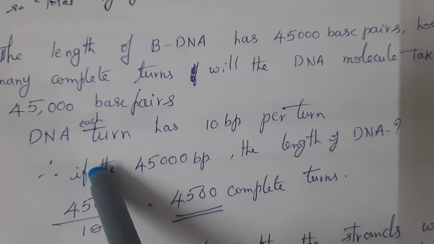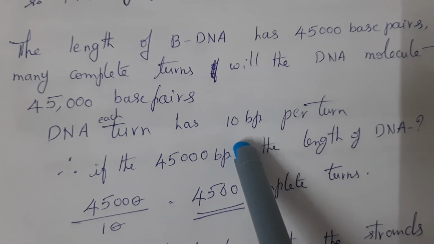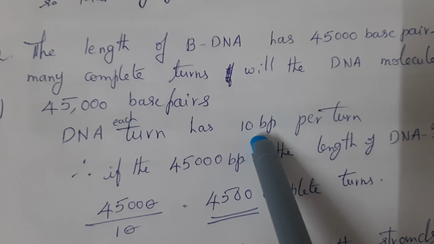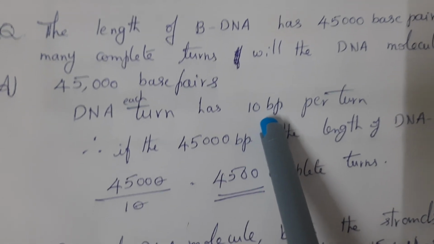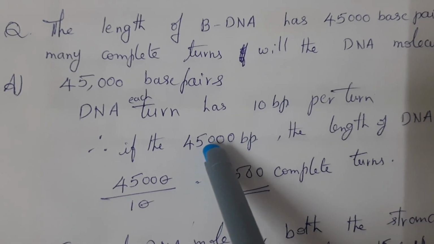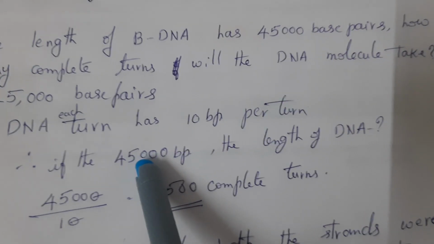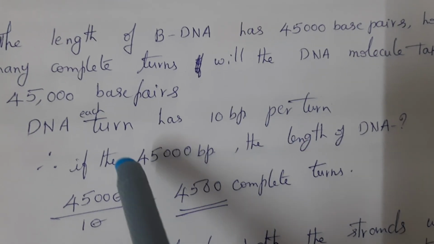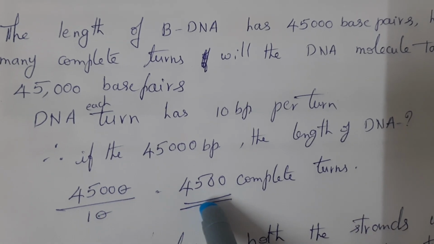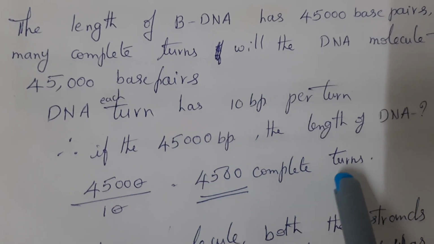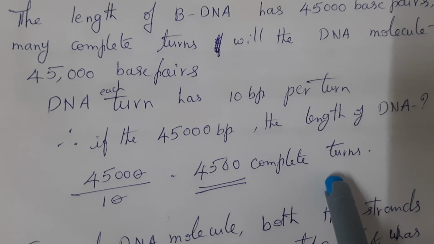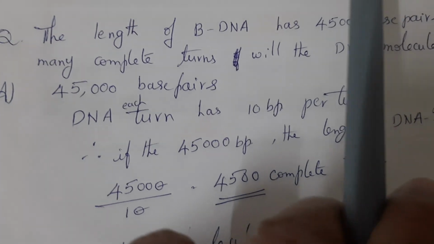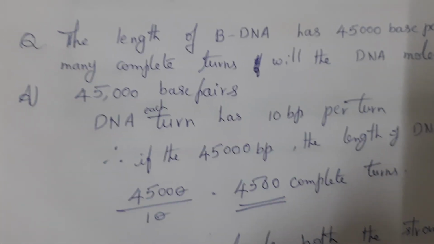One turn in the DNA, we know, has 10 base pairs in it. So like that, 45,000 base pairs. What could be the length of the DNA? 45,000 by 10, that is 4,500 complete turns it will take with this type of base pairs. It's a simple one.